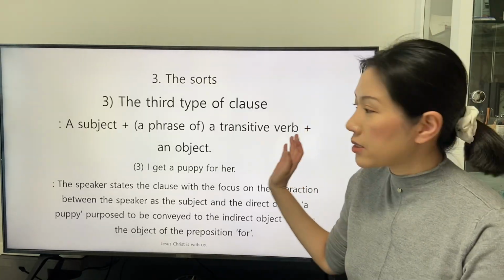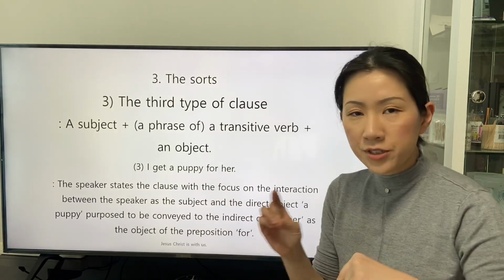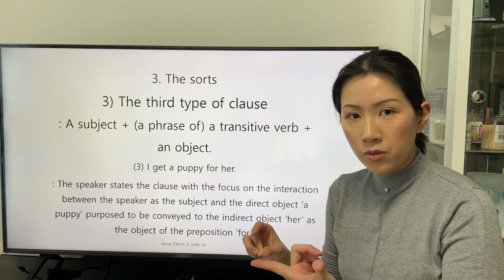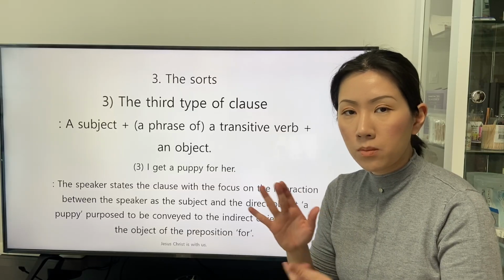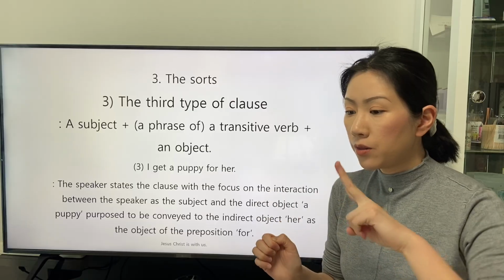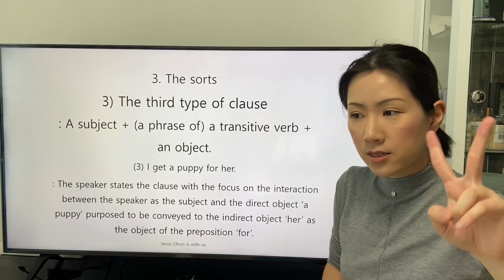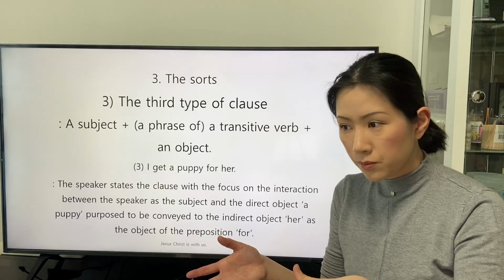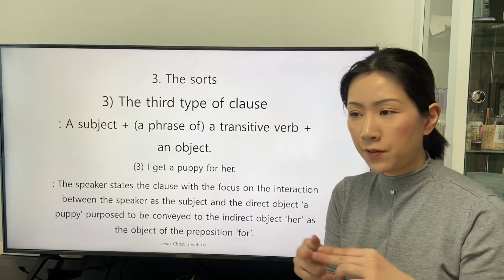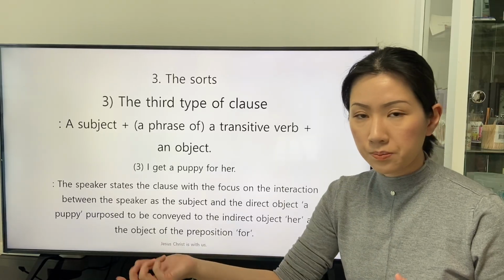From this clause, we will also think of the possibility that the two objects can be applied to receive the definition of the transitive verb from the subject in order.